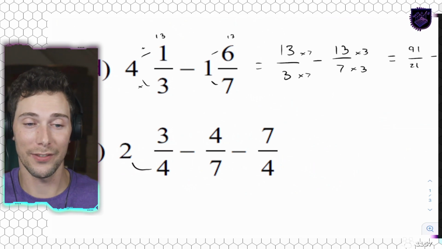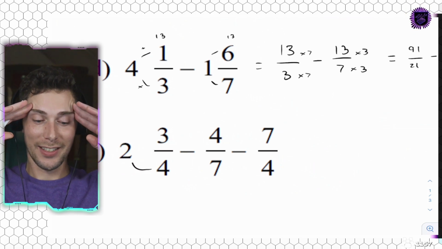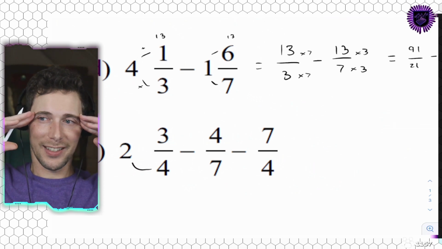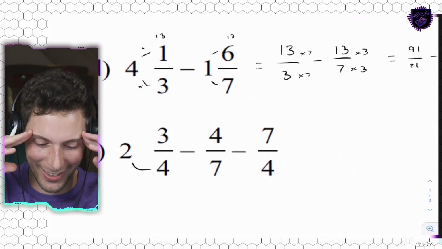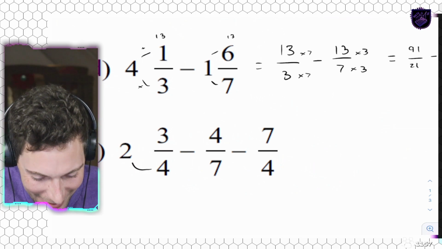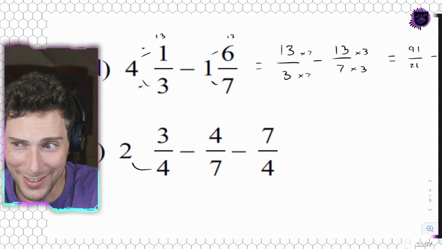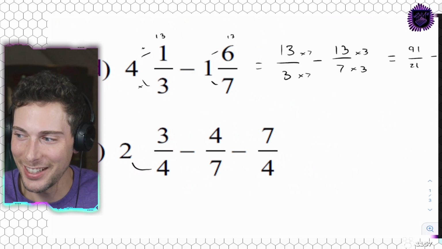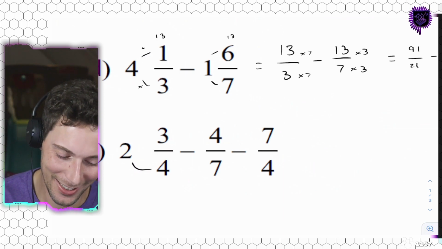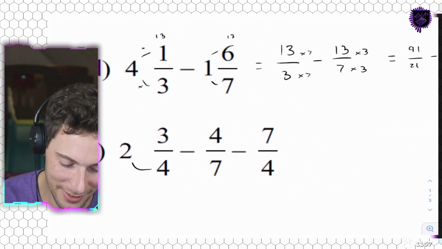I can't even think of what it's called right now. I'm tired. The fraction that's bigger on top. What? Oh my gosh, my poor brain.